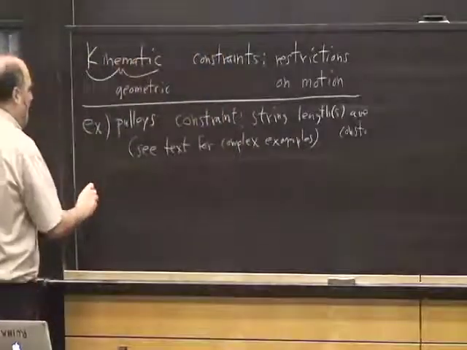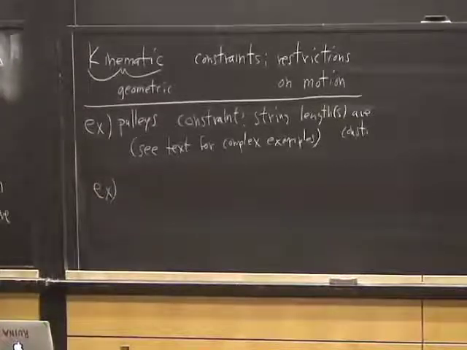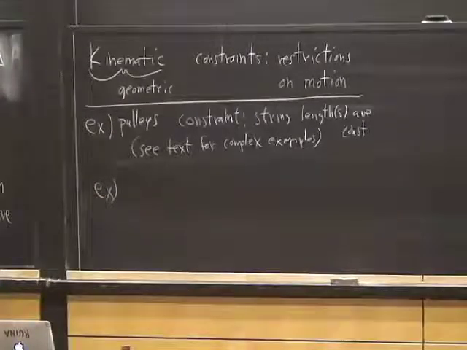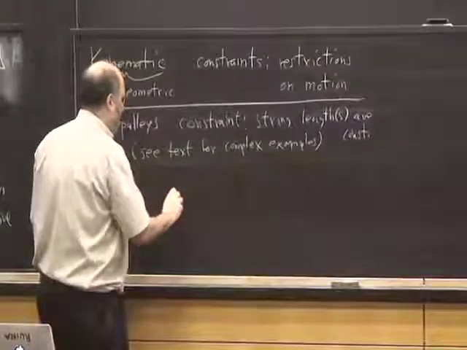Okay, let me just show another example, which is kind of a trivial example. It's maybe too trivial to be revealing, but I just want to show it as sort of the simplest example.